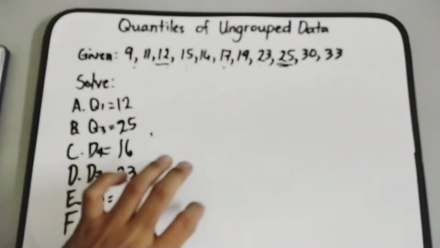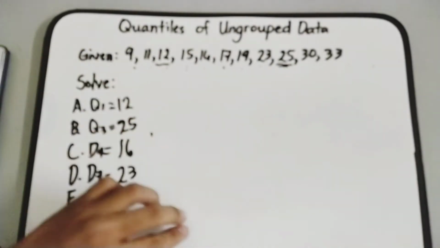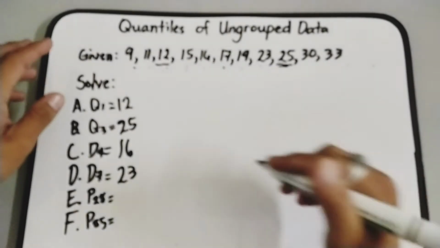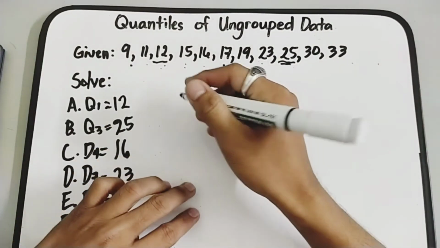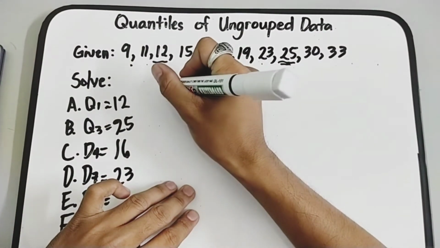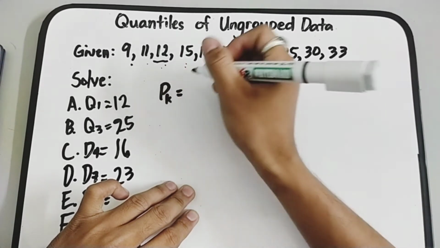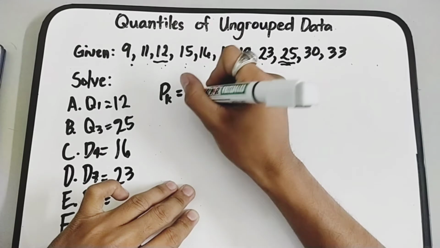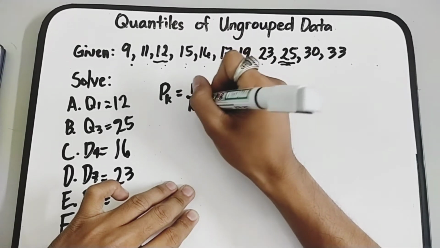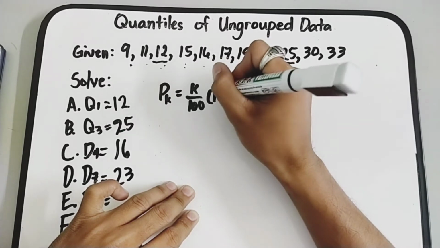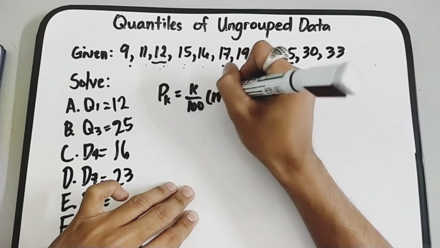Based nga sa sinabi natin kanina, pag sinabing percentile, it divides the set of data into 100 equal parts rather. So you have percentile or the P sub K is equals to K over 100 kasi nga percentile times our sample. Letter N, sample.